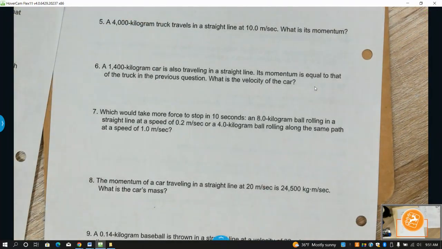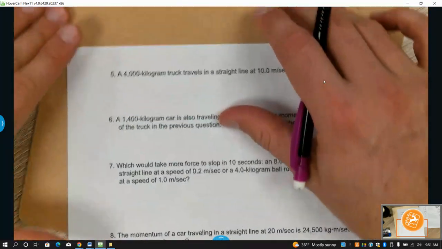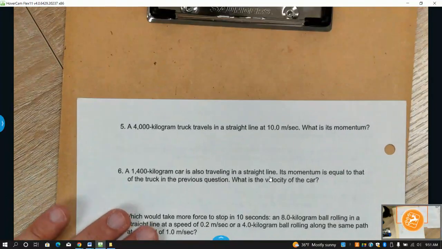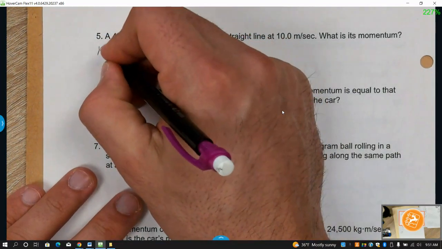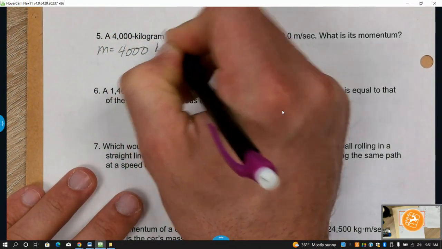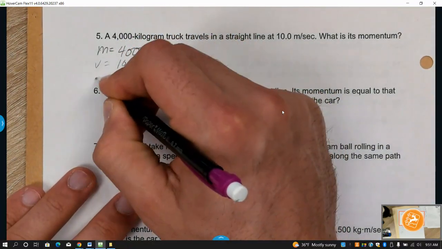Okay, so number 5. If we start here at number 5, we have mass 4,000 kilograms. It's moving in a straight line at a speed of 10 meters per second.